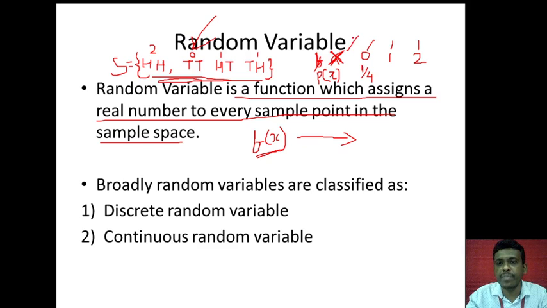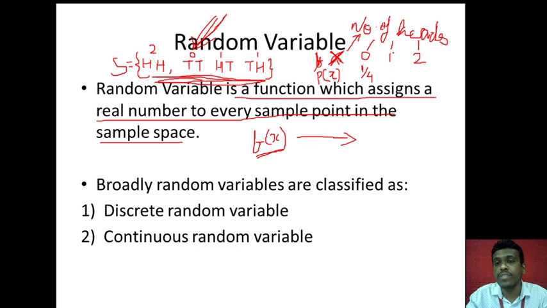So remember, this represents number of heads x. So it can be 0, 1 or 2. So what is the probability that 0 heads come up? Only once you have 0 heads coming up here. So that is 1 divided by total number of outcomes, 4. So 1 divided by 4.